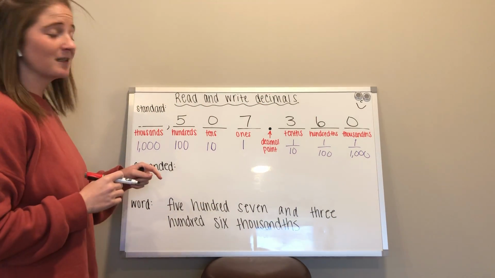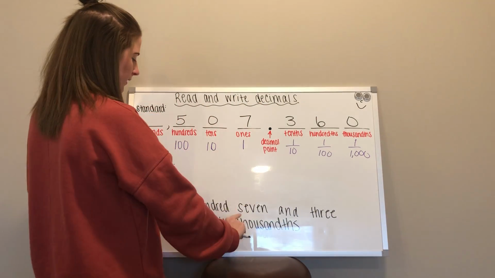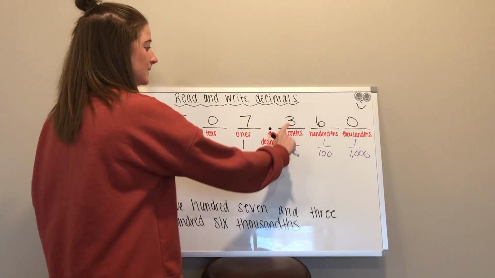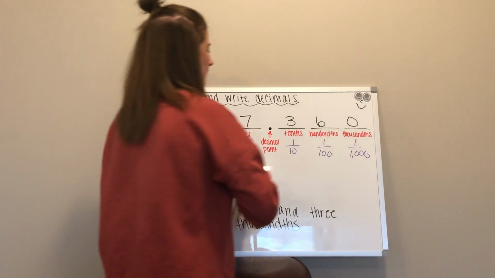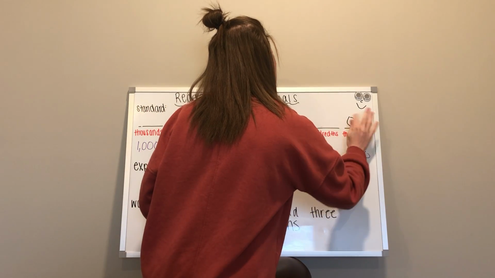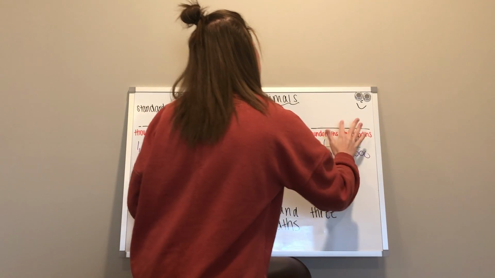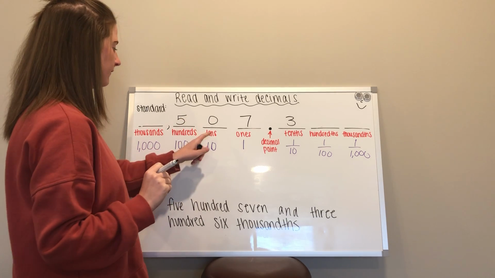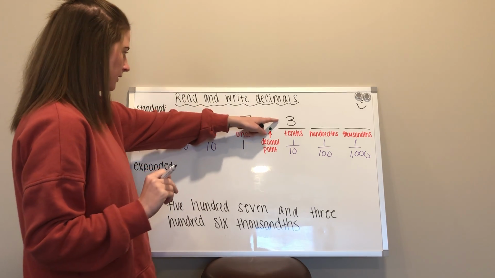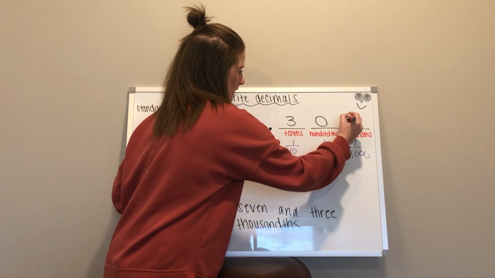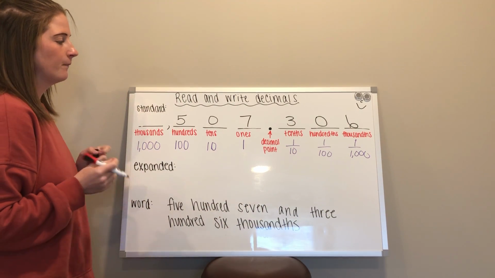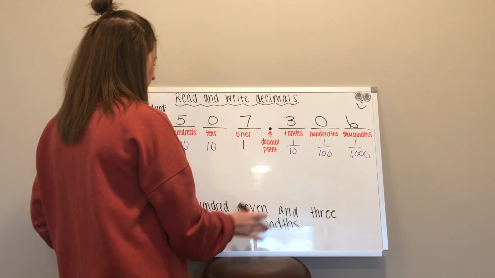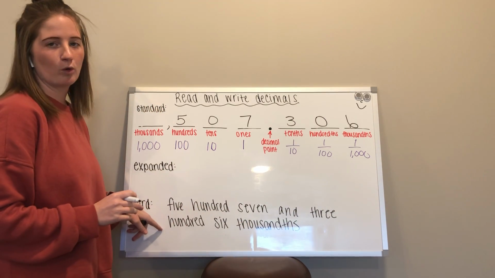So if I were to read this number, it would read 507 but this is 360 thousandths. So I'd have to come back here and I have to erase. So it's 507 and 306 thousandths. Okay, so read it and make sure that you're reading what was written in word form.